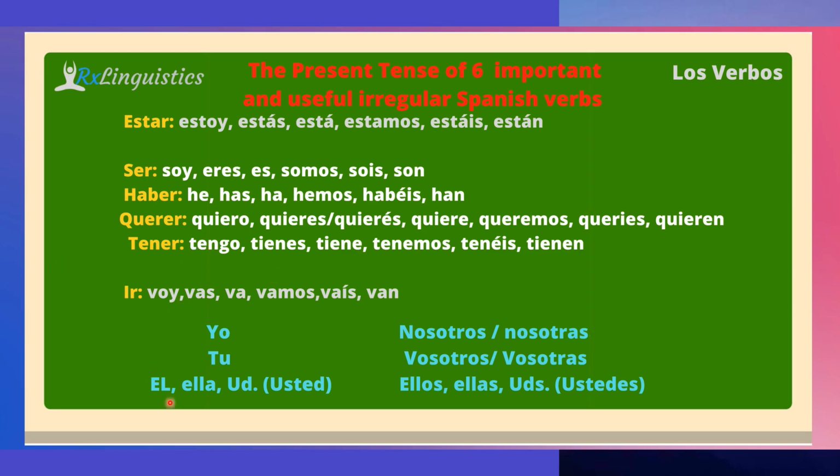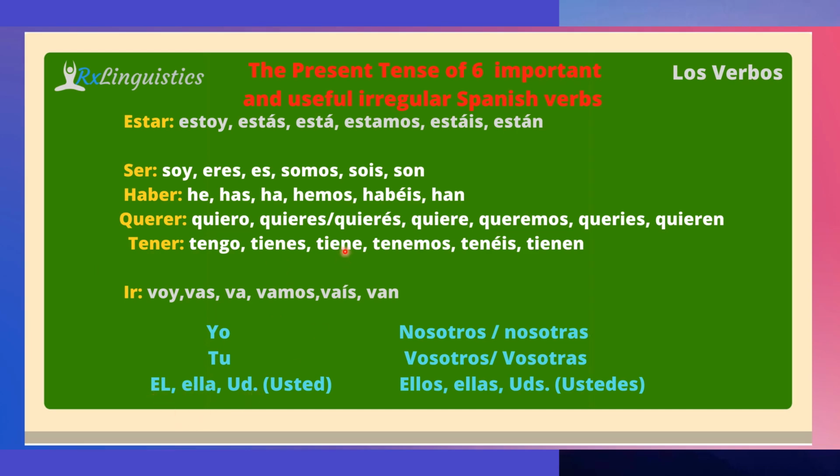Tener, yo tengo. Okay, it's not yo tengo. That's one of the reasons it's an irregular verb. If you just drop the ER and add O, it will be a regular pattern. It will be tengo, but it doesn't work. So it's yo tengo. Tú tienes.